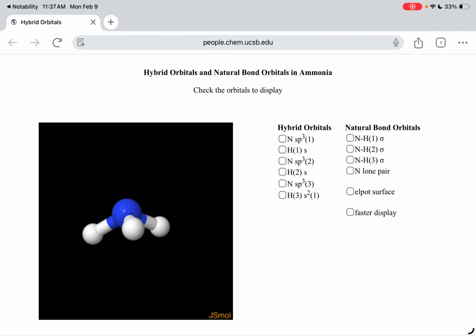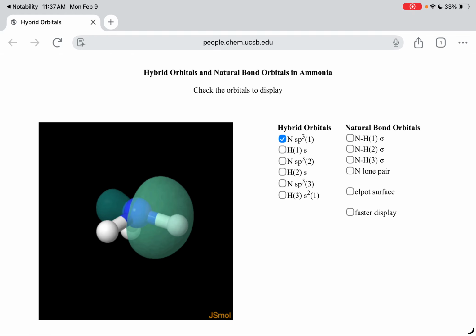So this is NH3, and we can look at the sp3 orbital that's on nitrogen. That is one of the sp3 orbitals that we saw in that picture. It's half filled, so it's not the one with the lone pair. And you can tell that it's the one with the bond because it's right next to that hydrogen that it's going to bond with.